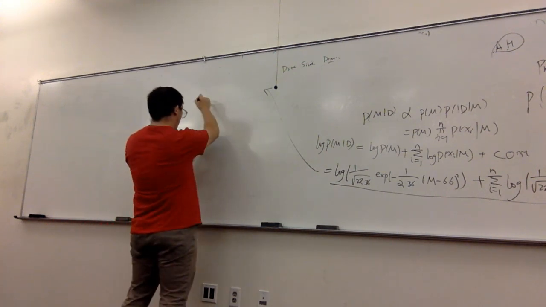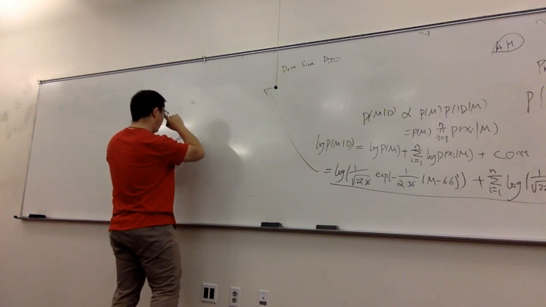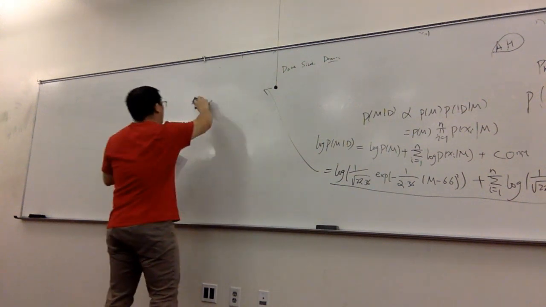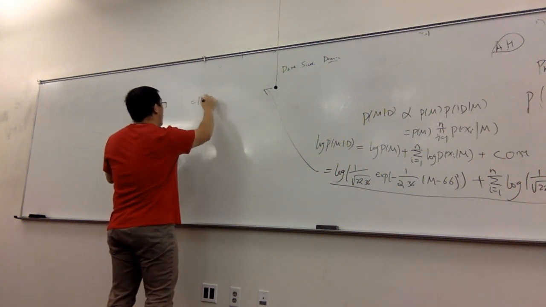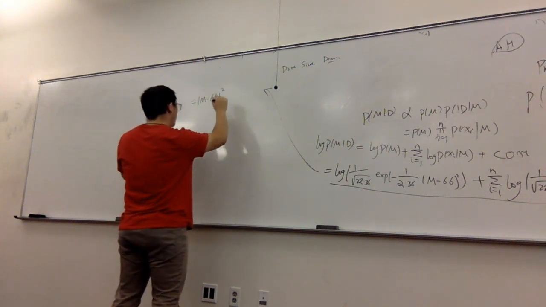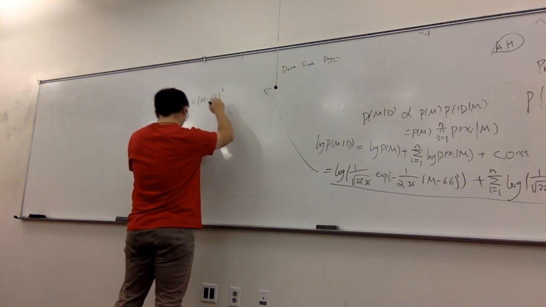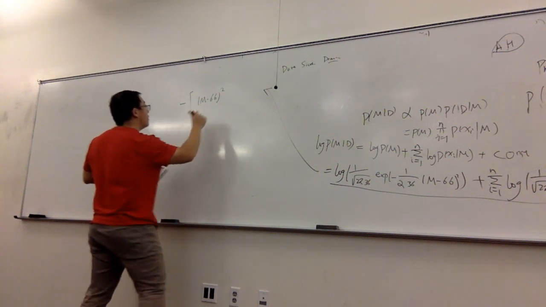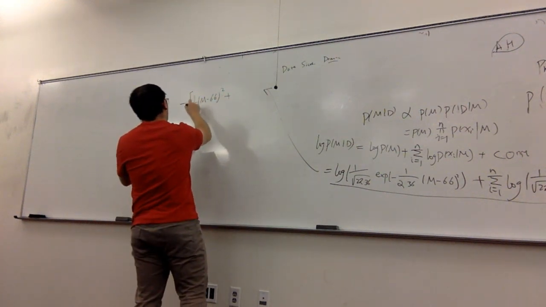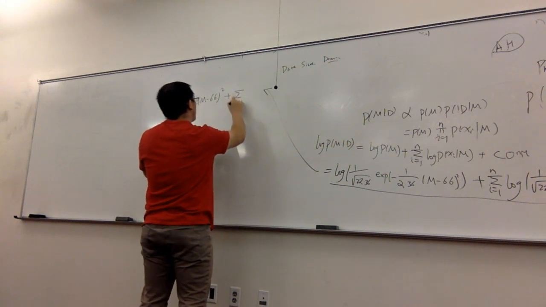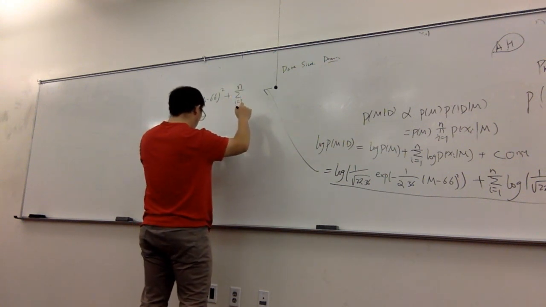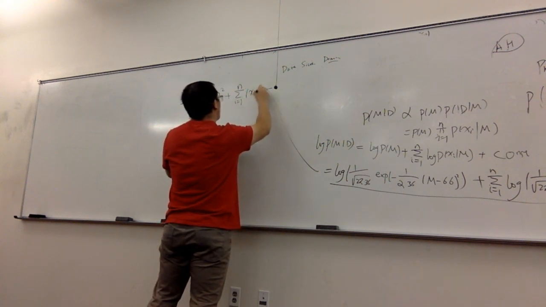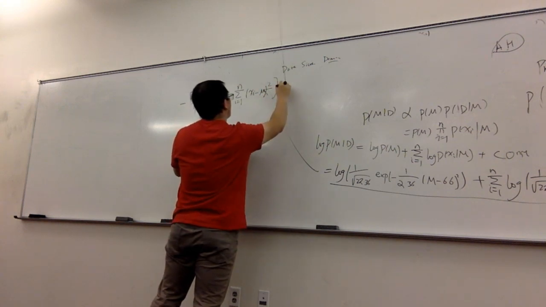So it turns out to be m minus 66 squared, minus plus n over n, plus the summation of n, xi minus m squared, plus a constant.